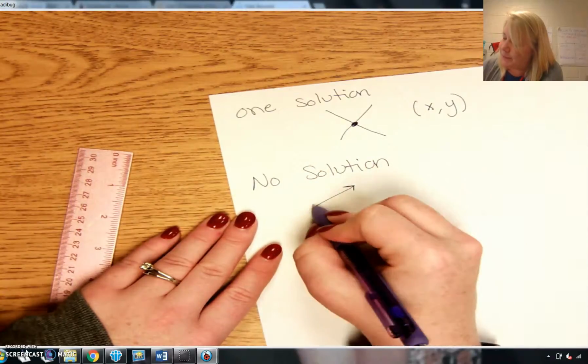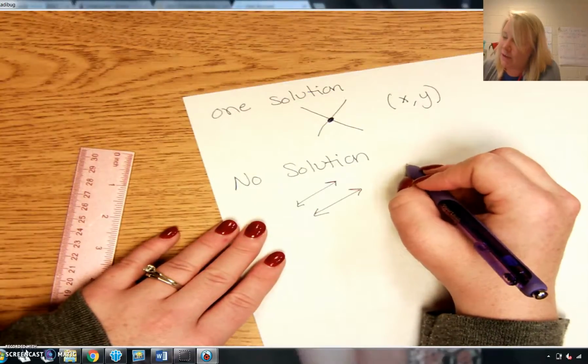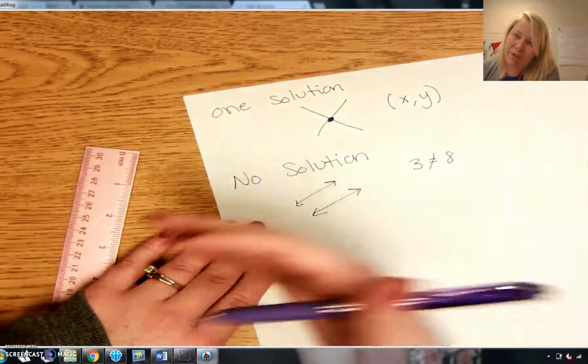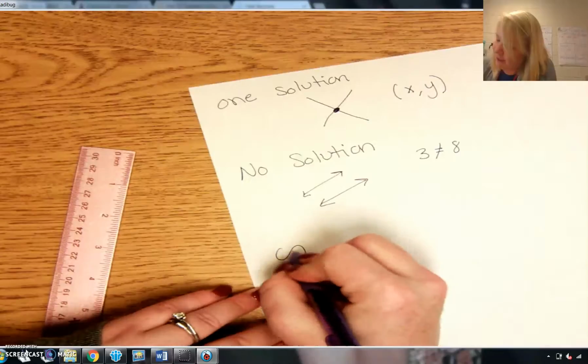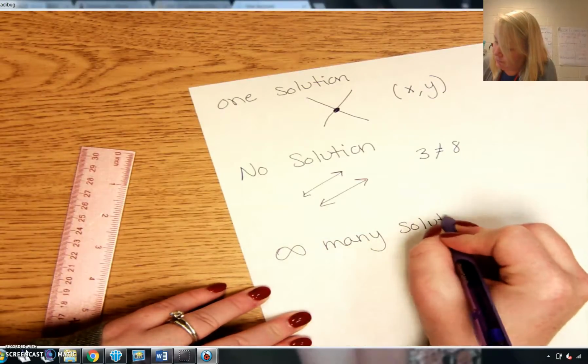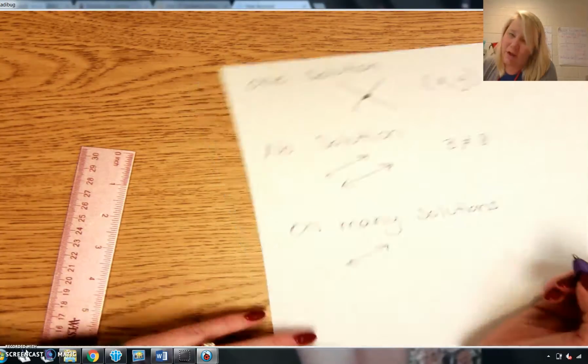They're parallel lines. They have something like when you solve, it has like 3 doesn't equal 8. Something like that. Like when you solve the equation, there's nothing there. Okay? And then infinitely many solutions are the same line.